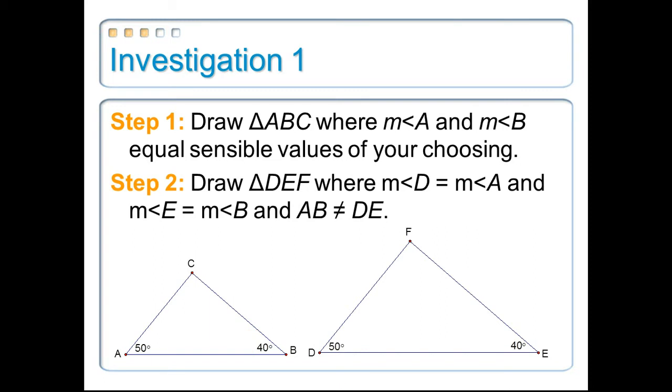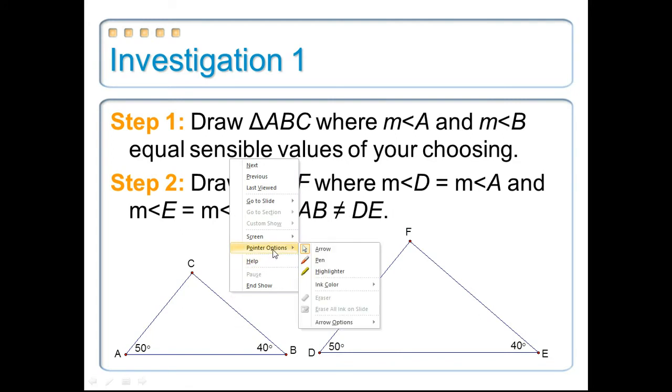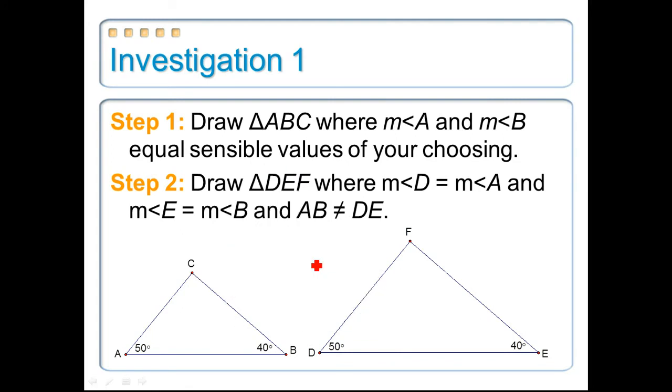So step 2 is draw triangle DEF, where, if you look here, I'm going to change the pointer again. So you see here, A and D are the same, they're both 50 degrees, and angle B is 40 degrees, so B and E are also the same.